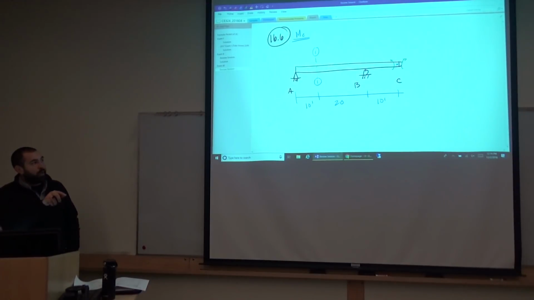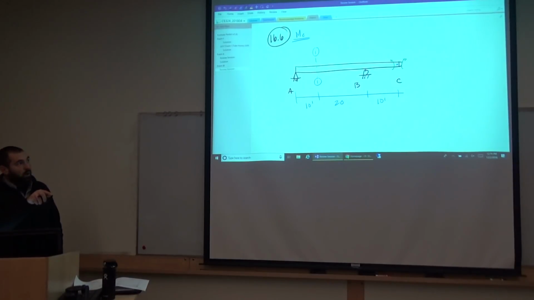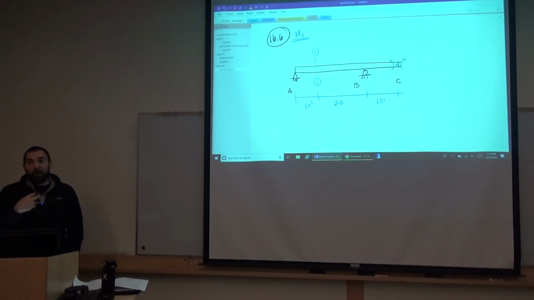And really what that moment couple is doing is it's trying to rotate the left side of the hinge counterclockwise, and it's trying to rotate the right side of the hinge clockwise. Then all we do is figure out, if the left side is trying to rotate counterclockwise, what would the shape of this beam be that comports with all of the boundary conditions, the support conditions that we have on the beam?